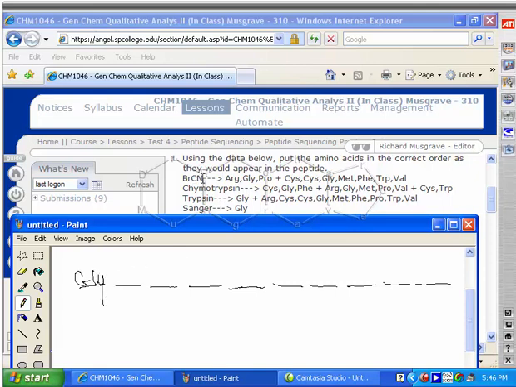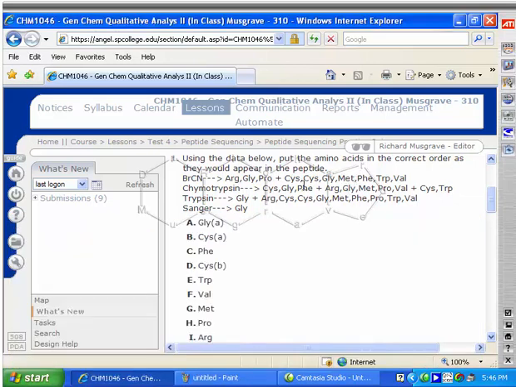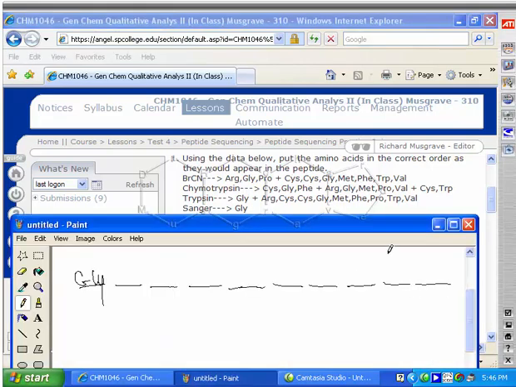Looking at the BRCN, we know BRCN cuts after MET. And since this fragment does not contain MET, that's one of the rules: if the fragment does not contain the cut after amino acid, which in this case is MET, it must be at the end of the entire chain. We also know that since this one does contain MET, that MET must be at the very end of this fragment because this will cut after MET.